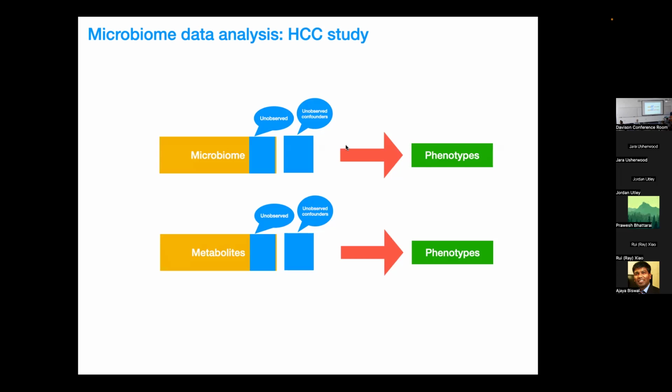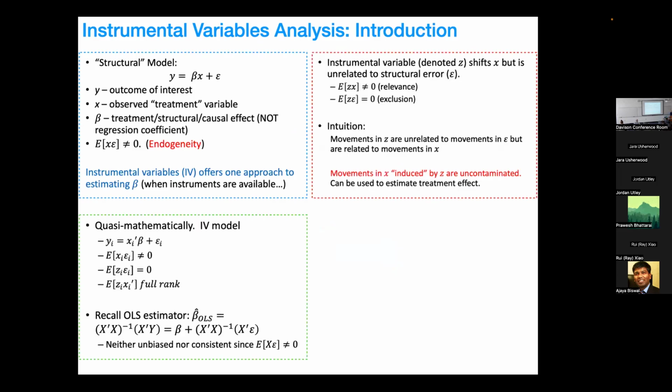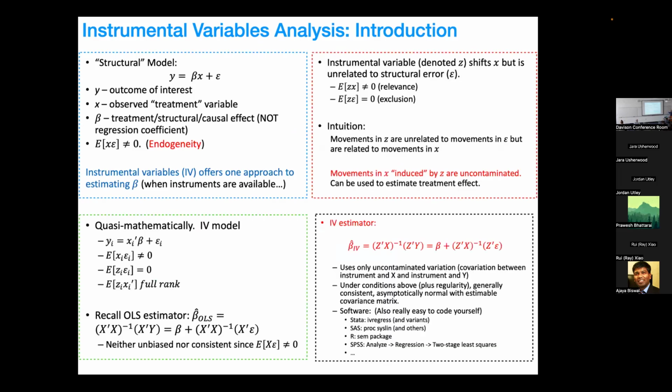So if you have such a constraint in the analysis, what we have proposed in this instrumental variable analysis approach is basically accounting for those unobserved confounders. And obviously in statistics there is already a classical instrumental variable analysis framework that helps us account for those unobserved confounders.